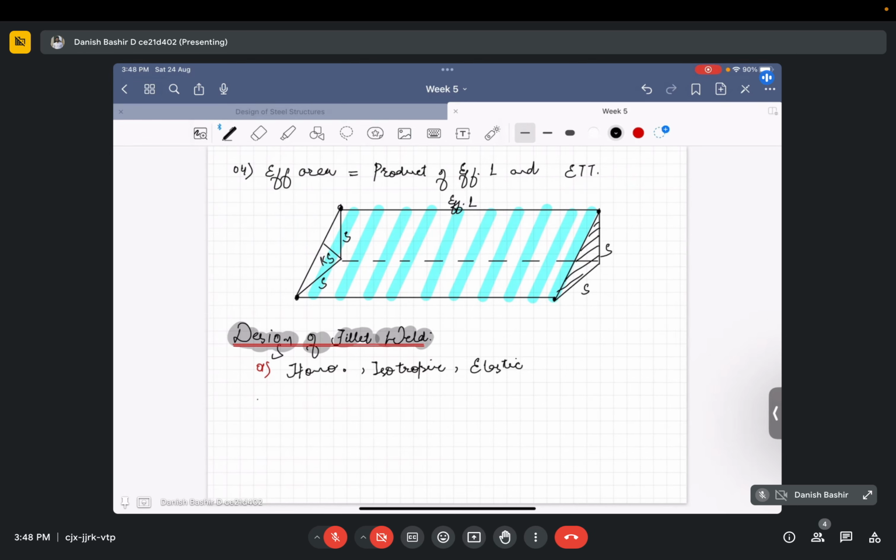And the second important assumption is that whatever parts are to be connected should be rigid, so that deformations in them are neglected. Okay, this is important. And the third assumption is about external stresses.